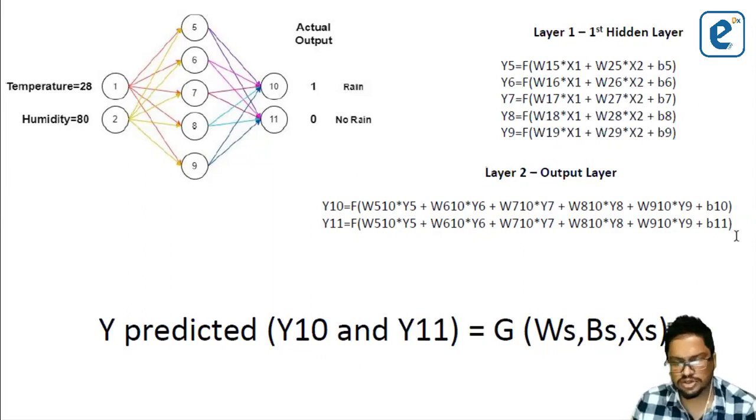Is it true? Yes, it is. Why? Now y10, you can see weights are there, y's are there, and the biases are there. And you can see y5, y6 again depend on x1, x2, and other weights and biases. So definitely we can say y predicted is a function of weights, biases, and inputs, right?